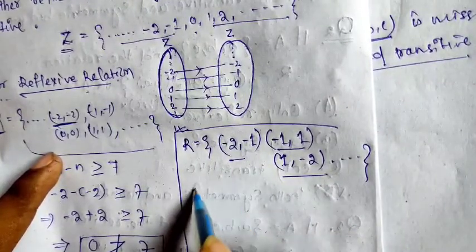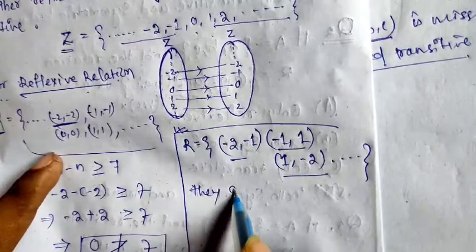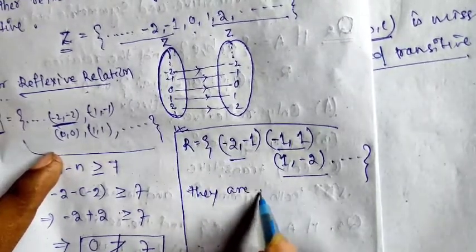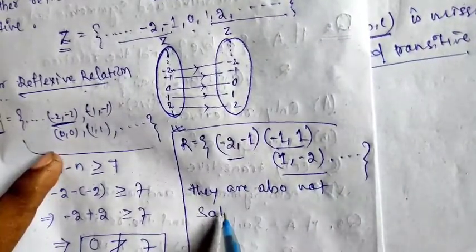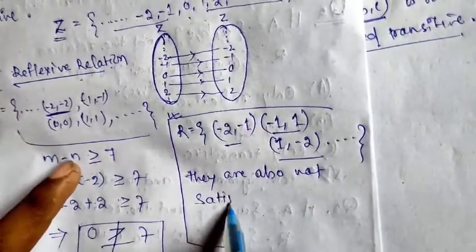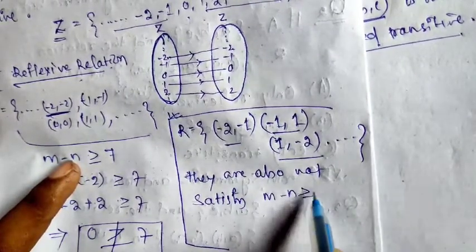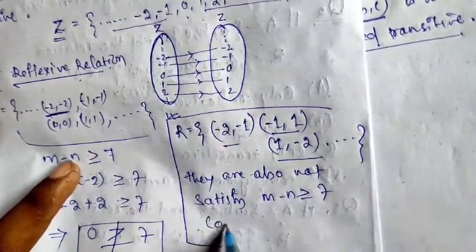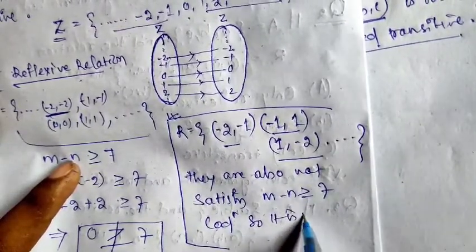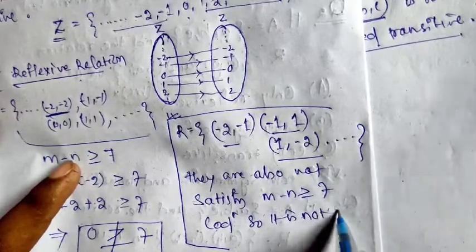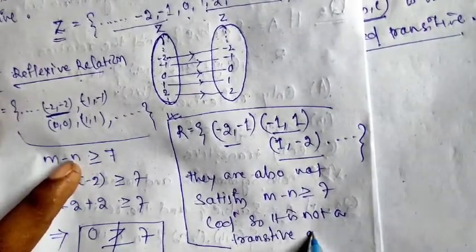If we check, we find they also do not satisfy the m minus n greater than or equal to 7 condition, so it is not a transitive one.